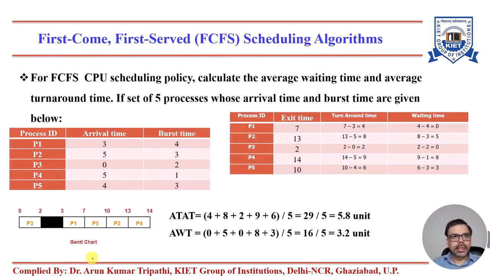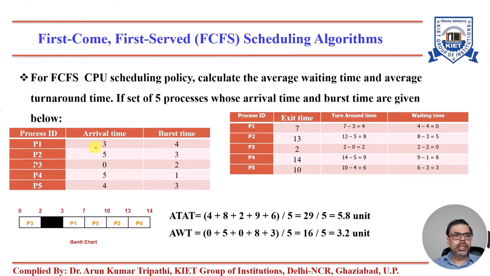Now, consider an example of FCFS. As we know, FCFS is the scheduling algorithm in which the processor is allocated to the process that has come first in the ready queue. So here arrival time and burst time are specified.